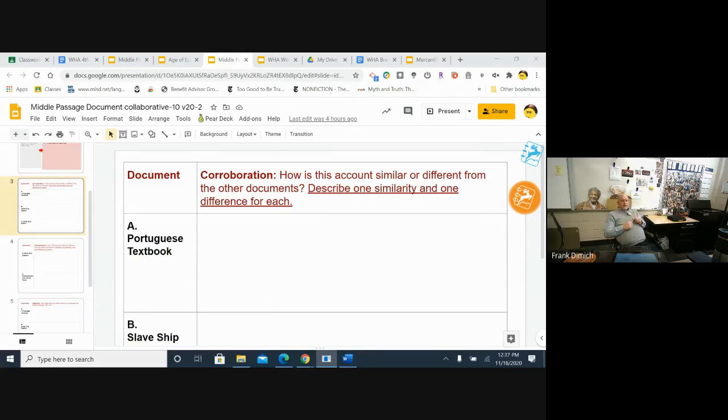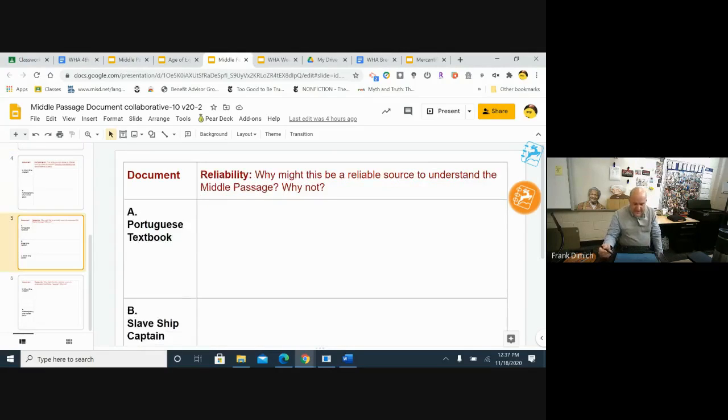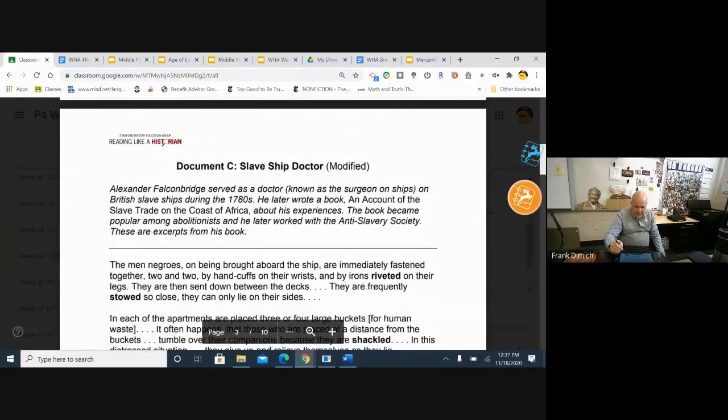I want to talk about not corroboration, but reliability. Reliability is a little bit different. Reliability is, what's the bias of these people? With the Portuguese textbook, one of the things you look at for reliability is their background.